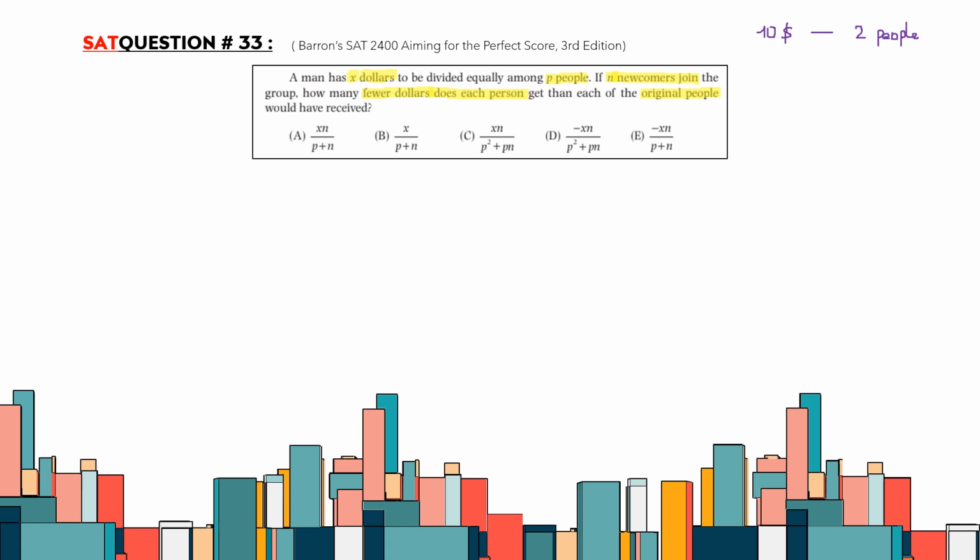Is that right? You take 10, you divide by 2, you got 5. So this is $10 divided by 2 people.